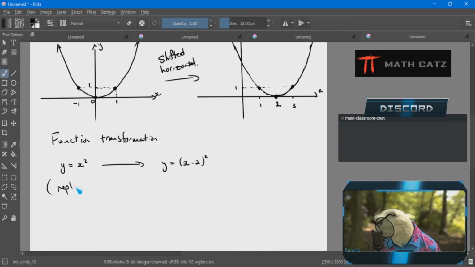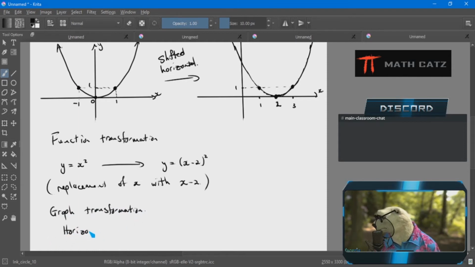That is a replacement of x with x minus 2 in this case. The corresponding graph transformation is a horizontal shift to the right by, of course, 2 units.